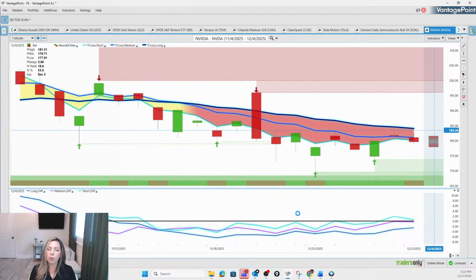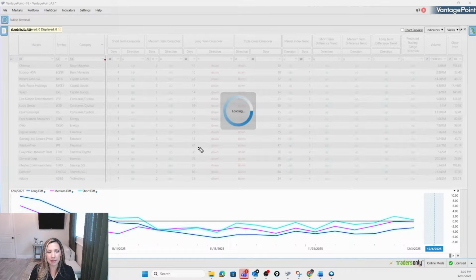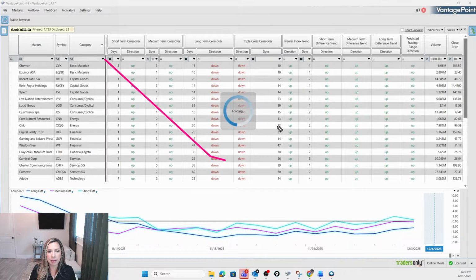All right, so we've seen a lot of that happening recently, especially with the shift in market conditions, right? A shift in market conditions and then following the sector rotation, right? So we can take a look at some of those bullish reversal opportunities, because think about what's been happening in the markets recently. We've seen a shift to the downside, right? And then we saw things coming back up.